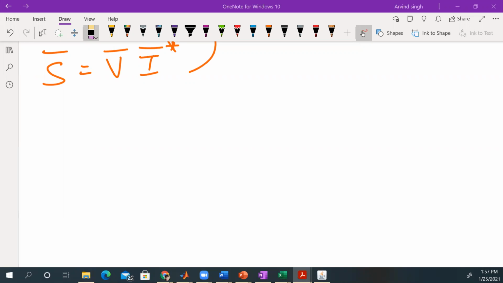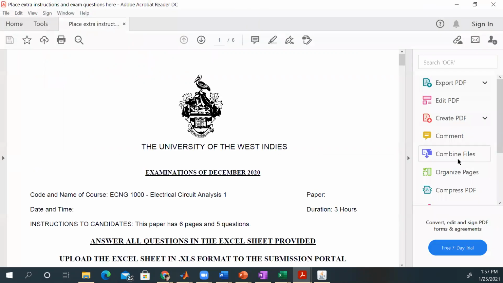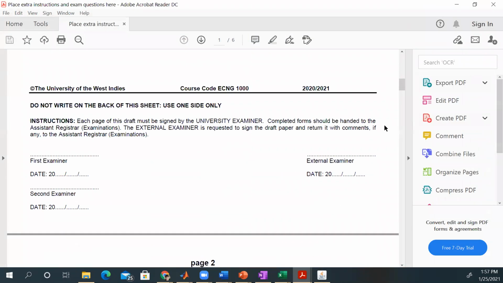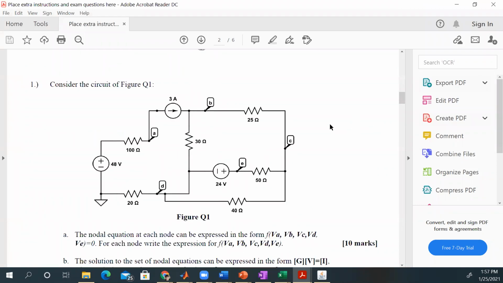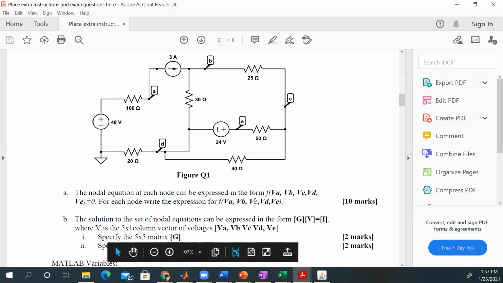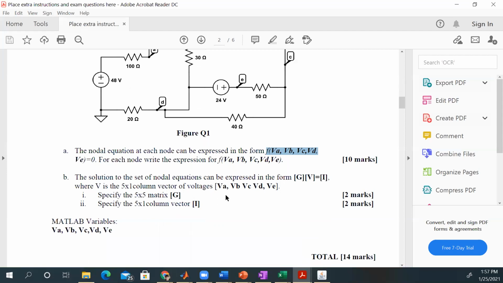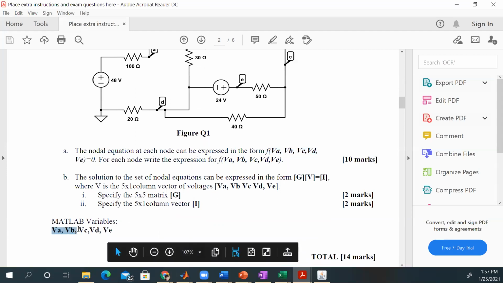Where is it? Right, so this is the circuits paper, right? So you'll see it gives you here, and it tells you the nodal equation of each node can be expressed in the forms, blah, blah, blah, and specify these things, and it tells you what the MATLAB variables are. And these are all case sensitive, right?